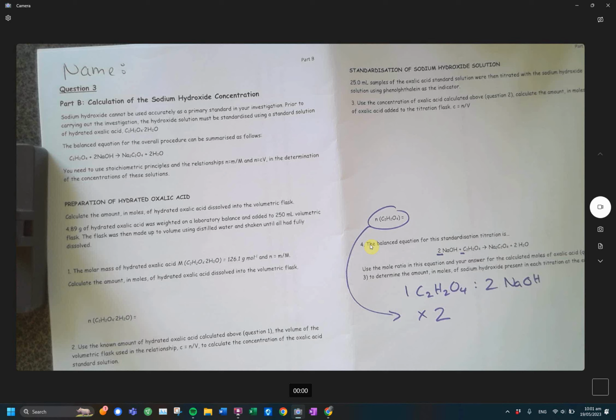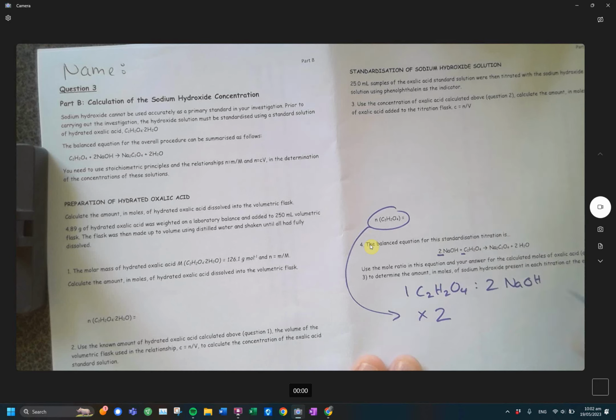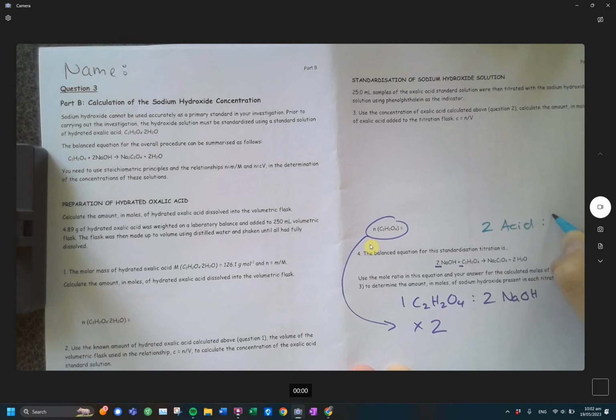Okay? If the number was the other way around, say, for example, actually, I can't think of an example off the top of my head where a base has got multiple things. All right, so let's say, for example, we had something that was 2 acid and 1 base.